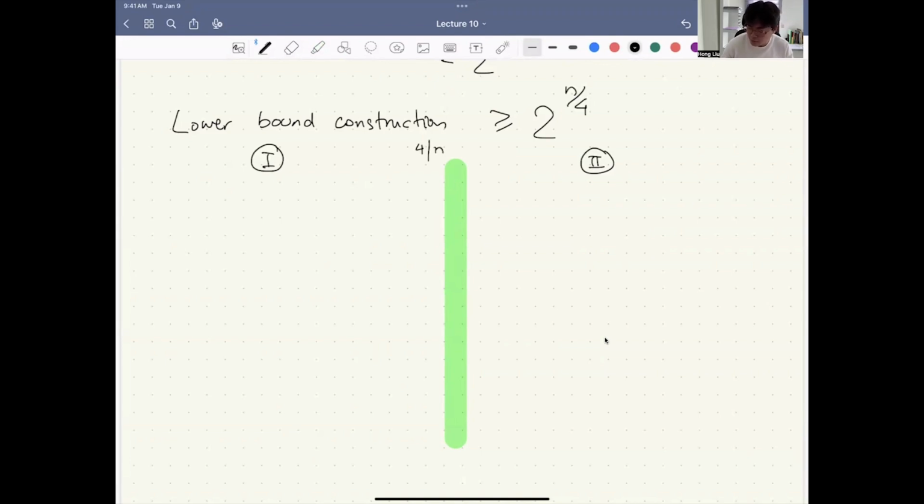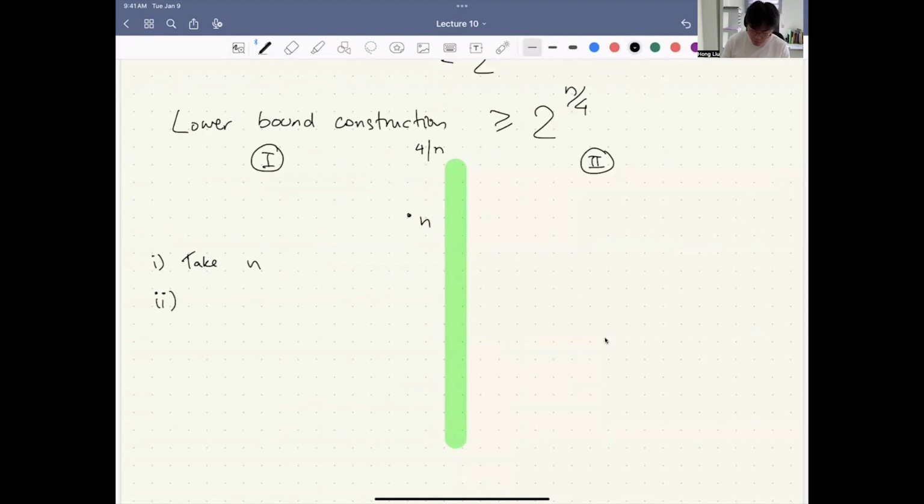Why not? It's going to only affect lower order terms. In the first step, always take element n. So n, we're going to put it in all the sets. We're going to construct some presets.